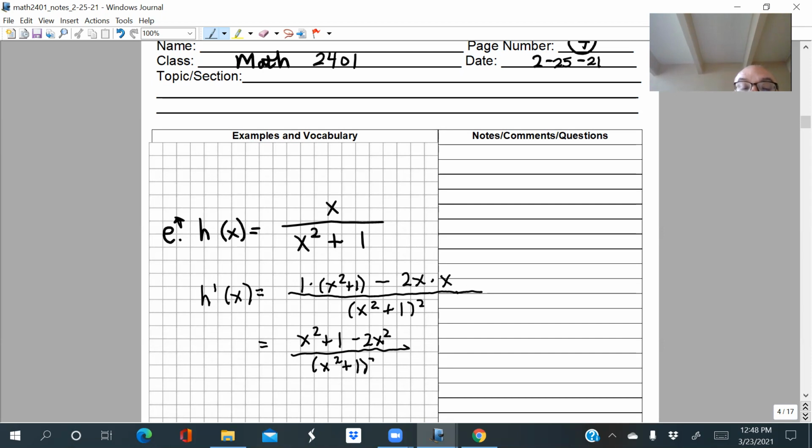So you end up with minus x squared plus 1 over x squared plus 1 quantity squared, as a simplified version of the answer. But already this is an answer, right?